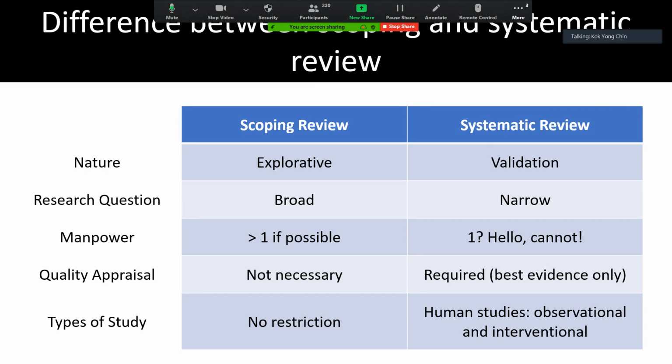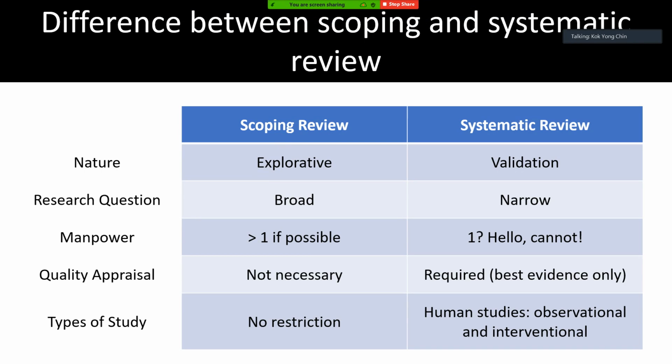Just now there were people who asked about the differences between scoping and systematic review. There are certain differences in their nature. First, the scoping review is more exploratory. You want to map everything in the field, regardless of type of study and regardless of depth of investigation, as defined by me just now. But systematic review is more about validation.